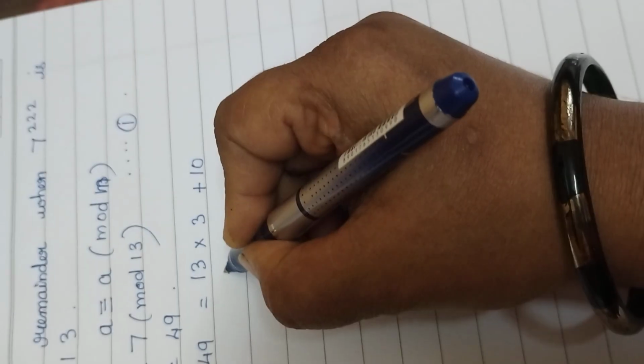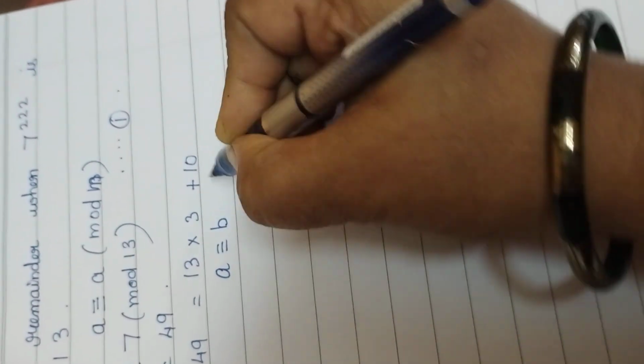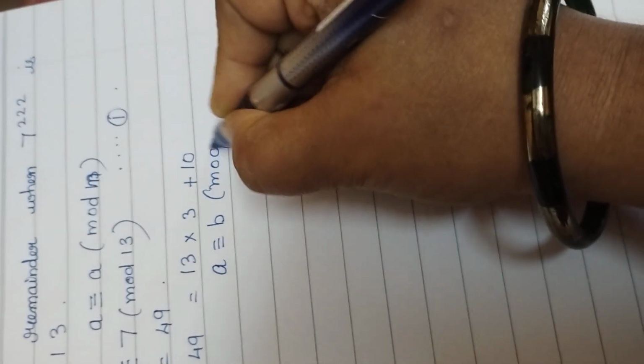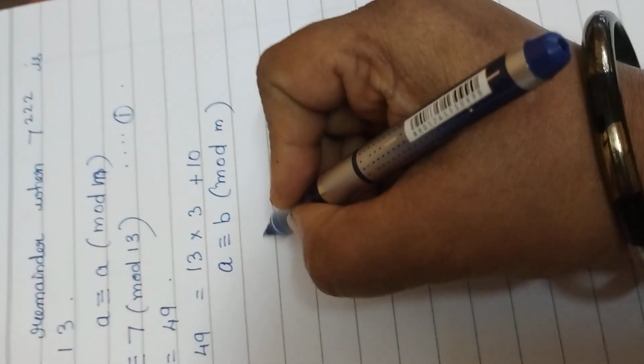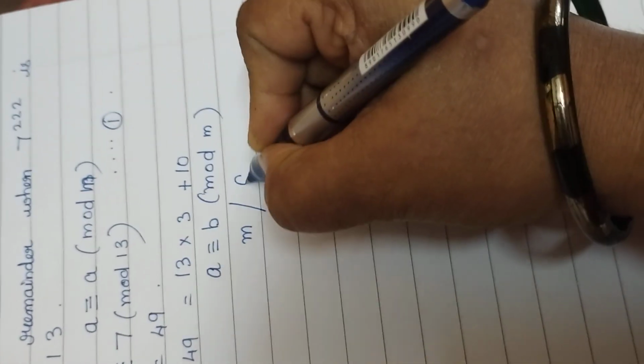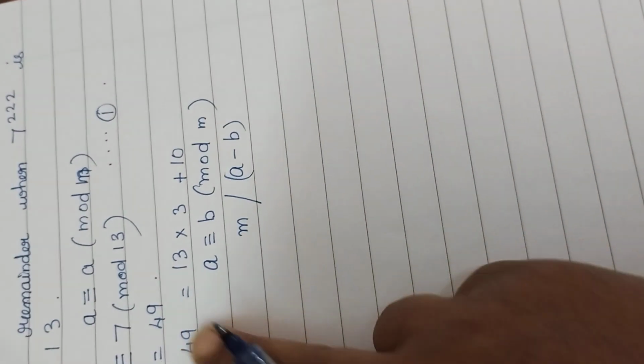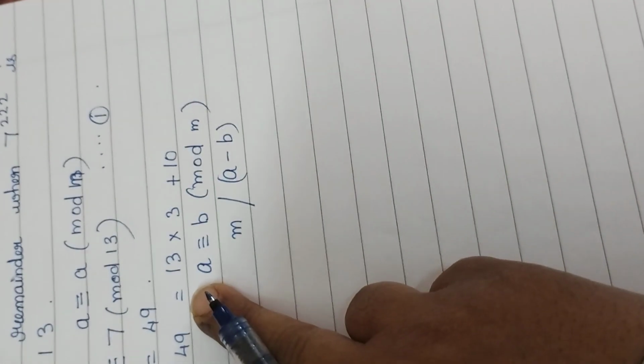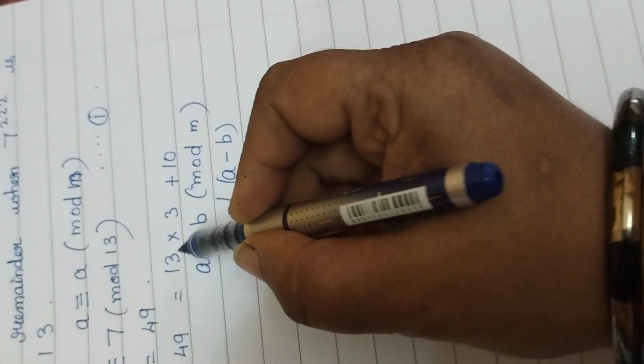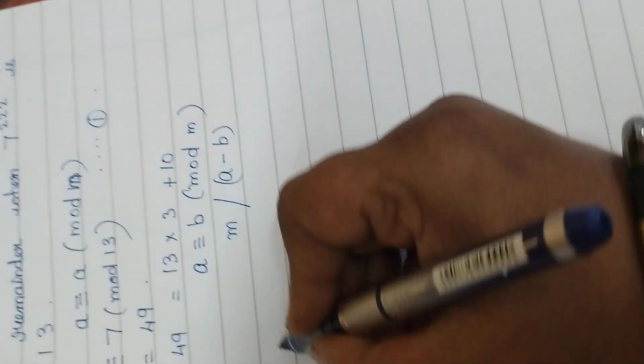according to the equation, A is congruent to B mod m in case m can divide A minus B. So what is A minus B here? 49 minus B. So what is B here? B is the remainder, which is 10. Okay.